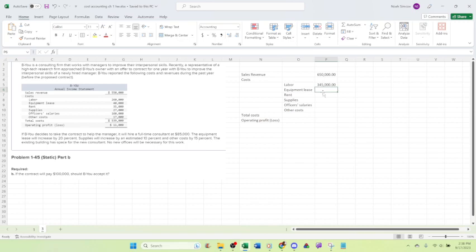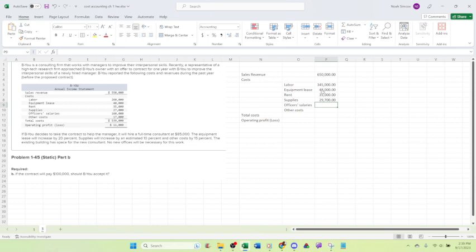Equipment lease will increase by 20%, so equals 40 times 1.2. And then rent is going to not change. Net rent will be the same at 35,000. And then supplies will increase by 10%, so equals 27 times 1.1. And then officers' salaries are going to be the same because the consultant is not an officer.